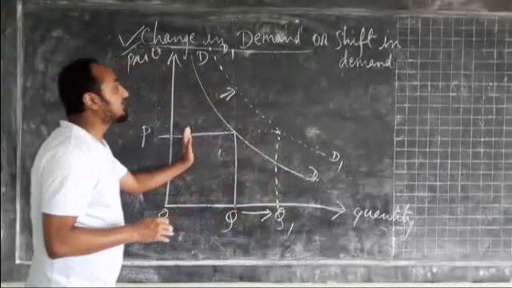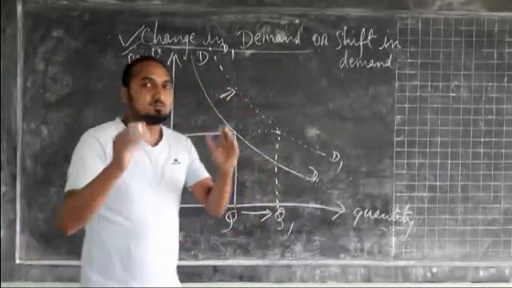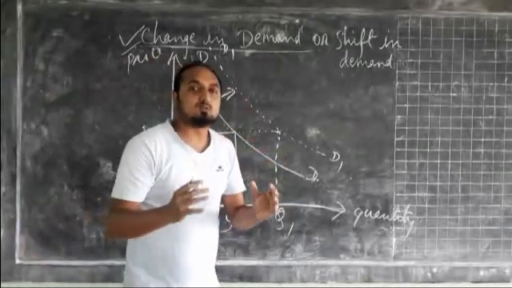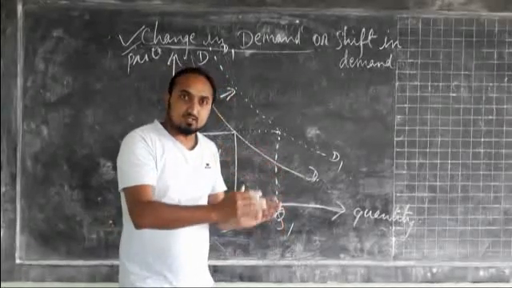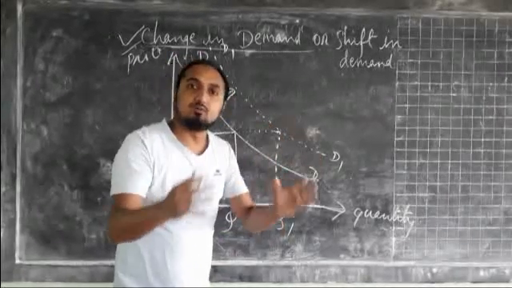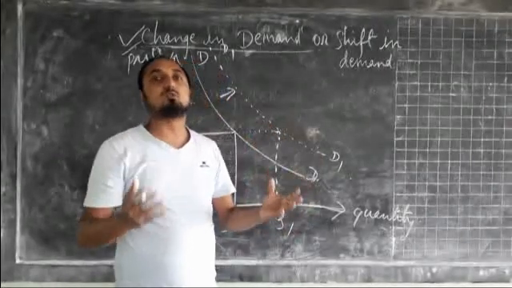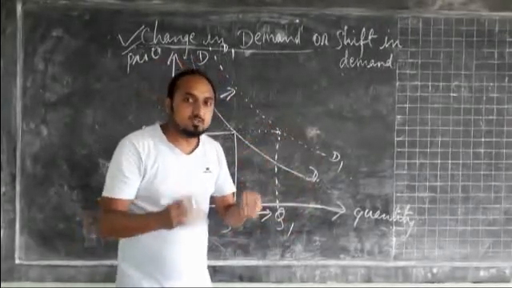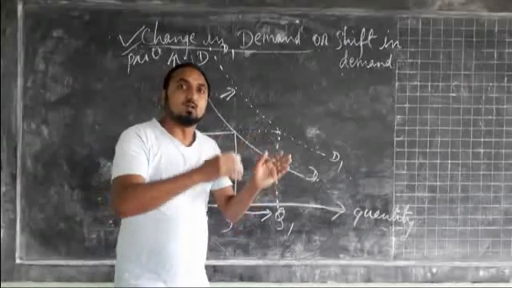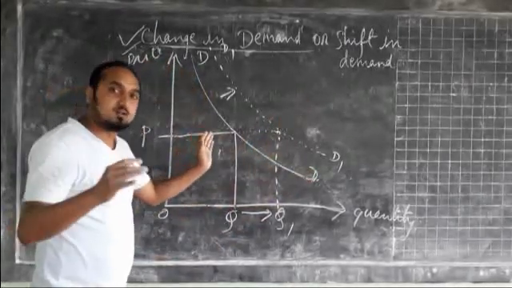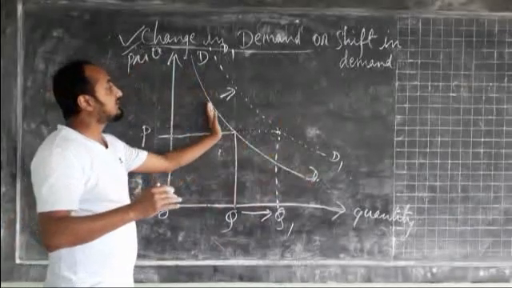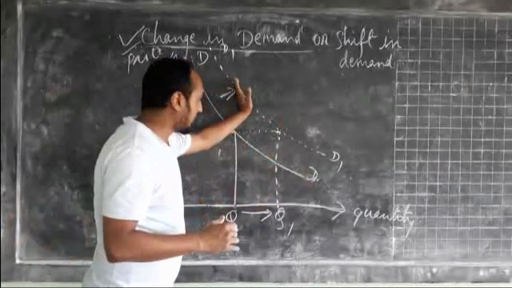So when income of the consumer increases, suppose initially the consumer was earning 30,000 rupees. Now if their income increases from 30,000 to 50,000, obviously the demand for different goods will increase. The goods which they have not purchased earlier, now they will purchase. So due to that the demand will increase, and when demand increases the demand curve will shift rightward.